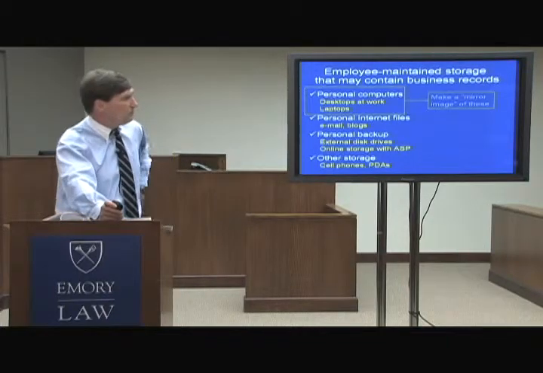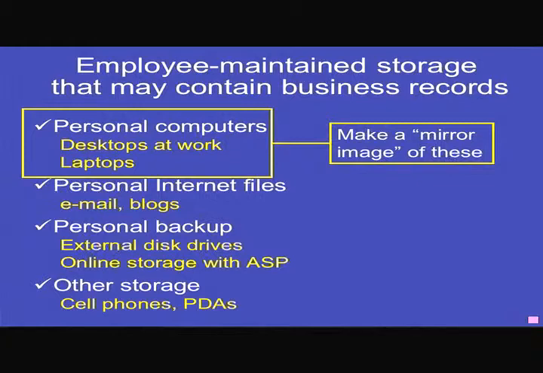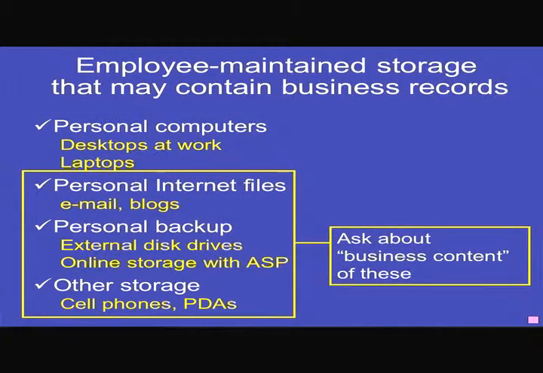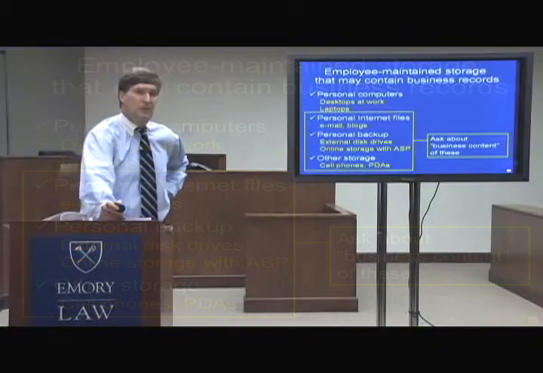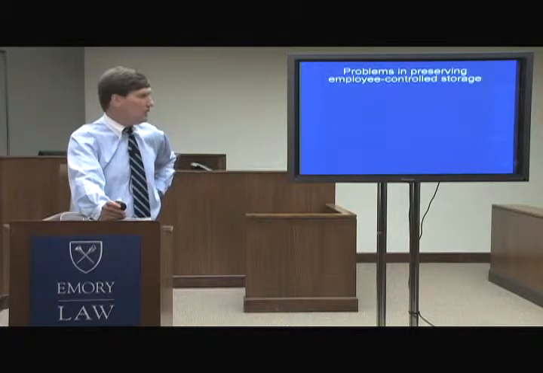So, with the personal computers, you make a mirror image. With the personal internet files and personal backups, ask about them and the business content of these, and make sure that if any business is being conducted on these things, there isn't destruction that's going to go on.